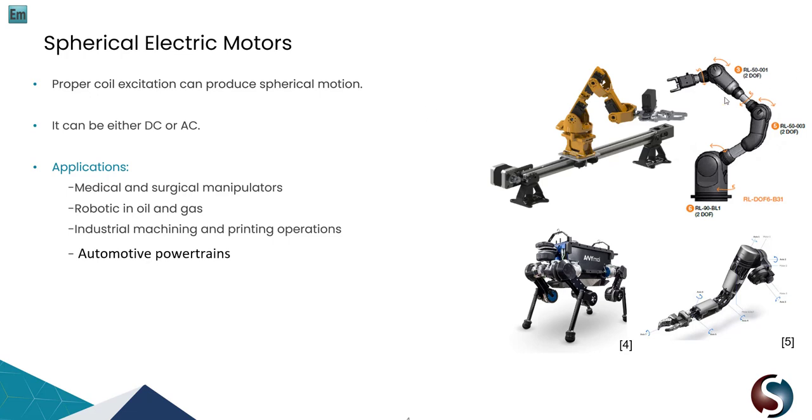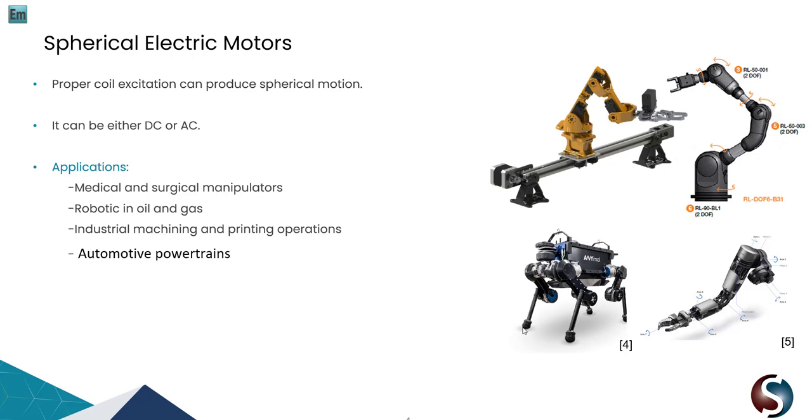And as you can see here, spherical motors are really needed, especially for robots, where you have a very sophisticated motion. You can move along one axis at a time, 2, 3, and you go along X, Y, Z. You can actually move along all 6 degrees of freedom if you want to really design sophisticated robots. Some of them are shown here.